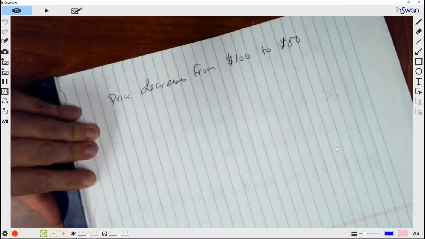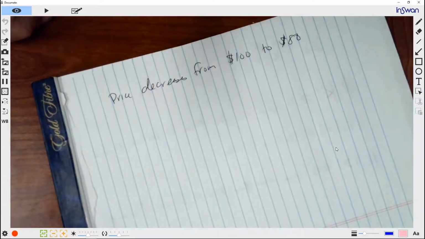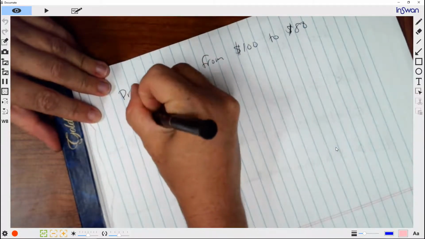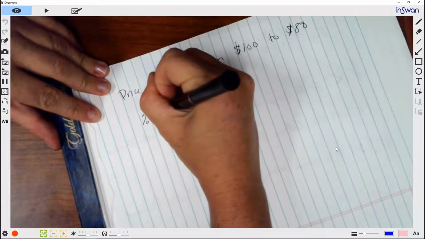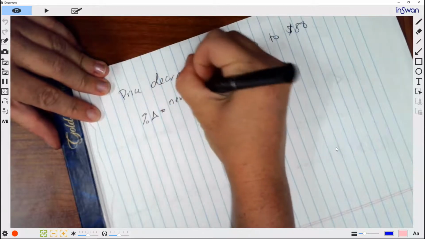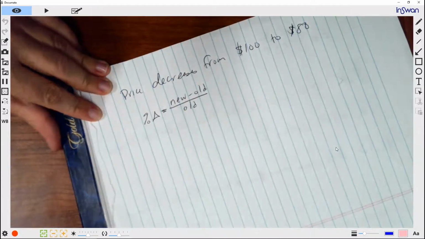So they don't give you the percent. They give you the actual price change, and then it's up to you to calculate the percent. Now, a mathematician would tell you that we calculate percent change like this. New value minus the old value divided by the old value.